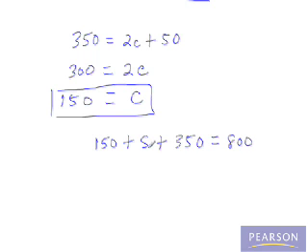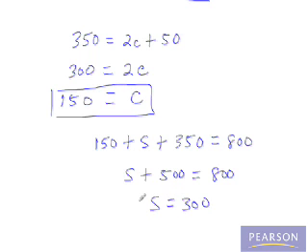Adding these two values together gives us 500. So S plus 500 is equal to 800, and subtracting 500 from both sides, S is equal to 300. And there I have all 3 of my variables solved for.